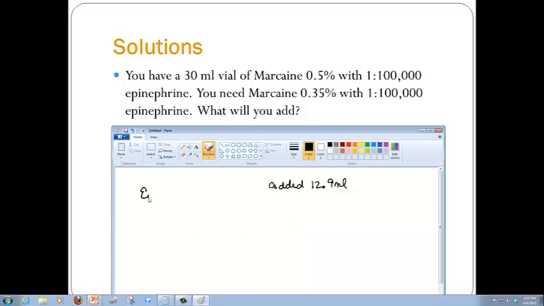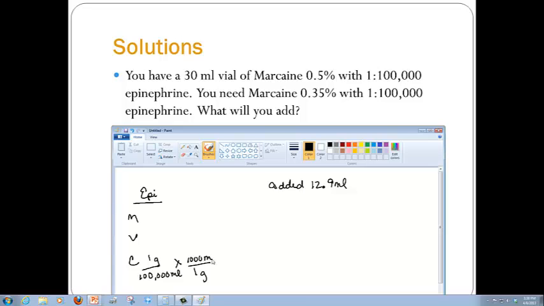So now our epinephrine original solution has a mass, volume, and concentration. The concentration was 1 to 100,000, which we know means 1 gram in every 100,000 milliliters. And just to be consistent, I will convert to milligrams, because that's what I did with the Marcaine.